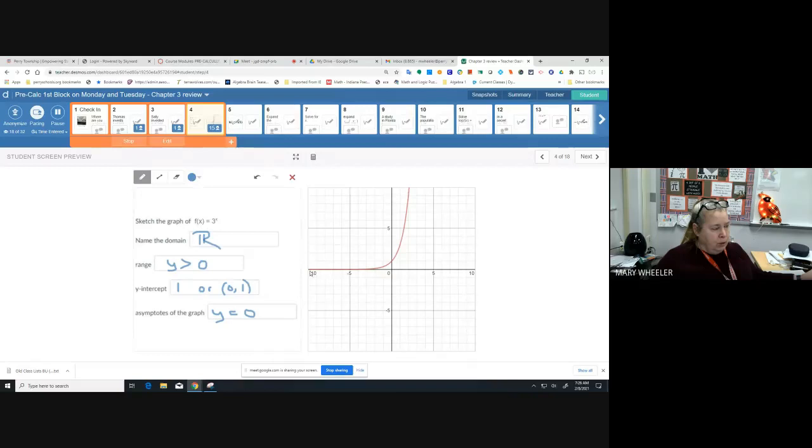Y is getting really close to the 0, which is the x-axis. So remember, y equal is always a horizontal line. So right there in red is my asymptote. And then the graph gets really close to that, but it'll never touch that asymptote.